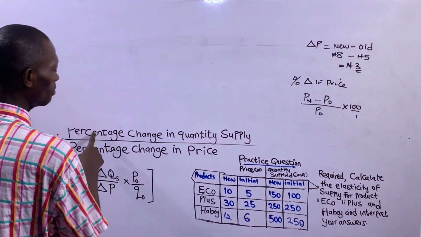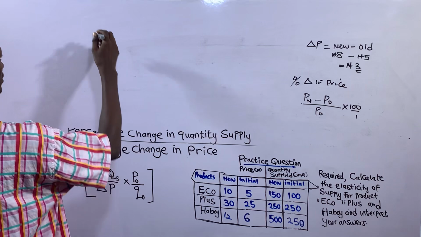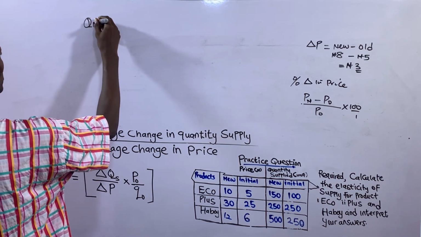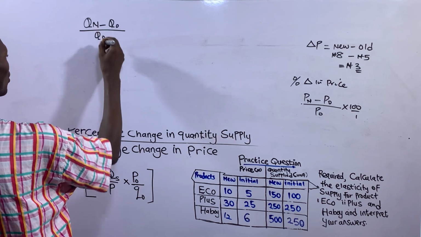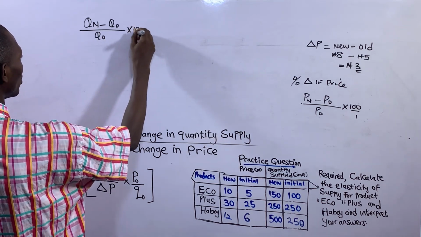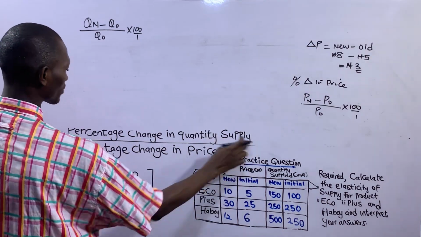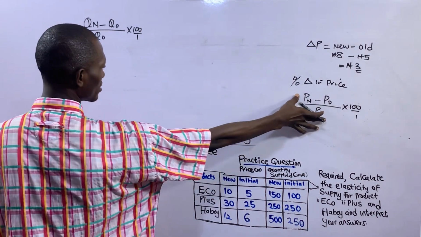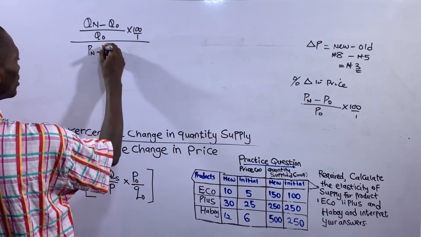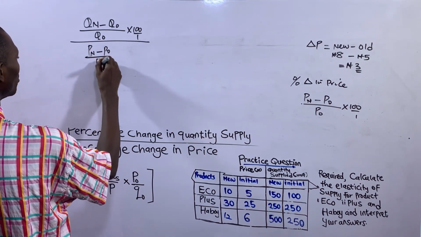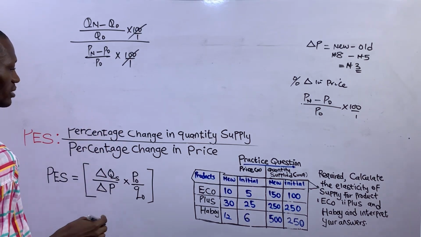So to measure percentage change in quantity supplied, we are going to have new quantity minus old quantity divided by old quantity times 100 over 1, just the way we went about this. Then divided by percentage change in price. This is what we have: new price minus old price divided by old price times 100 over 1. So 100 cancels out 100.